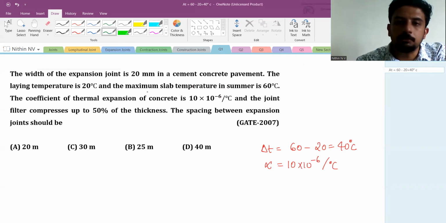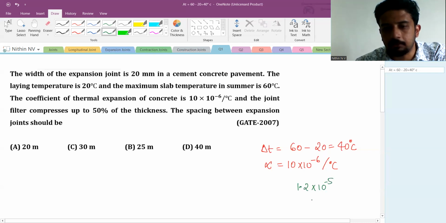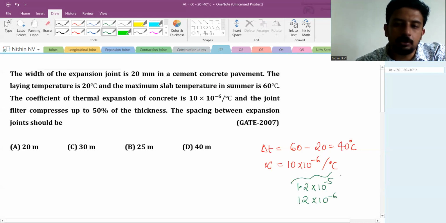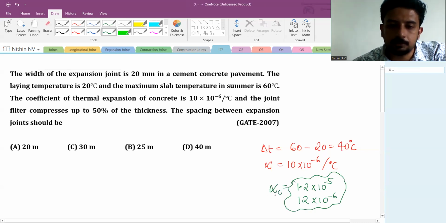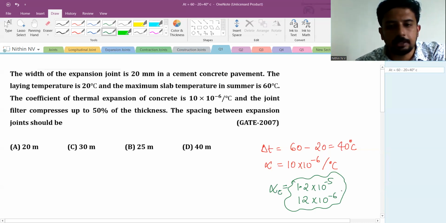See, I told you one value before, how much? 1.2 into 10 raised to minus 5 or 12 into 10 raised to minus 6. So by default, if they are not giving the value, take this, okay? Coefficient of thermal expansion of concrete. By default, if they are not giving, take this. But here it is given already 10 into like that. Then take the value which is given in the question only.